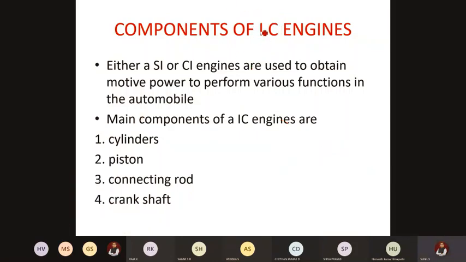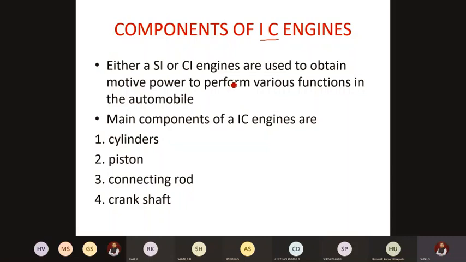The IC term means internal combustion. The fuel is burnt inside the engine cylinder itself, so it is called an IC engine. Either it is an SI engine or a CI engine. SI means spark ignition, CI means compression ignition, petrol or diesel. Either way, they have certain common components.